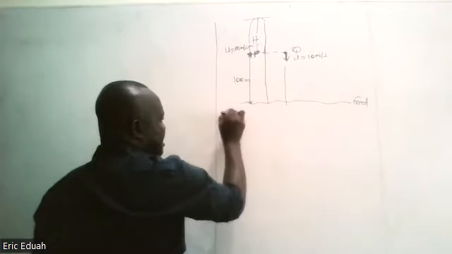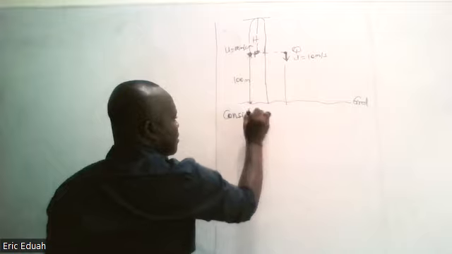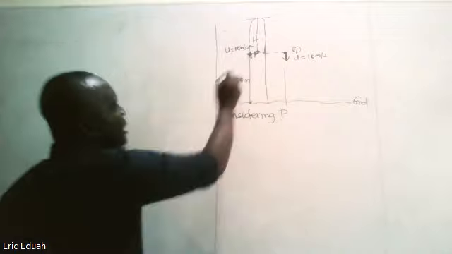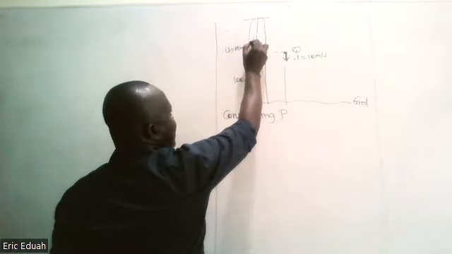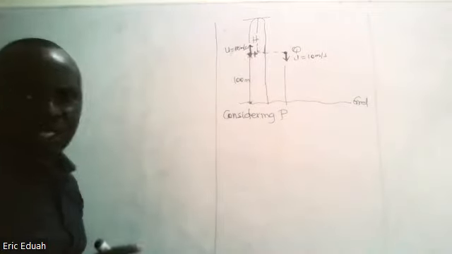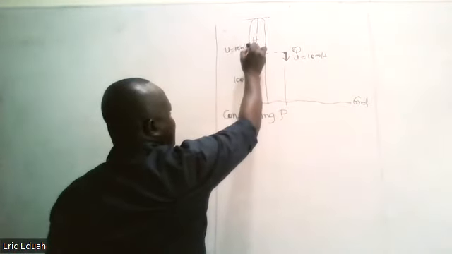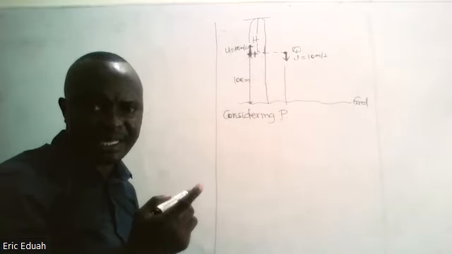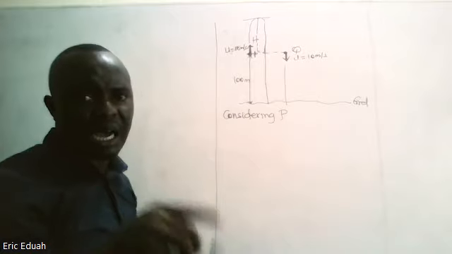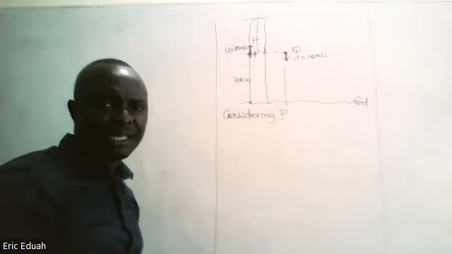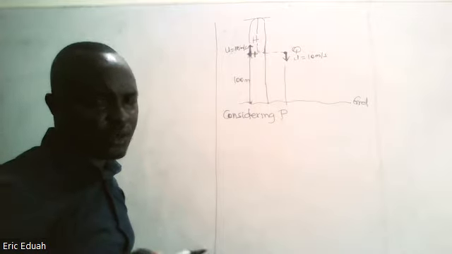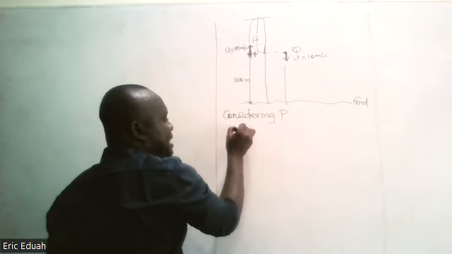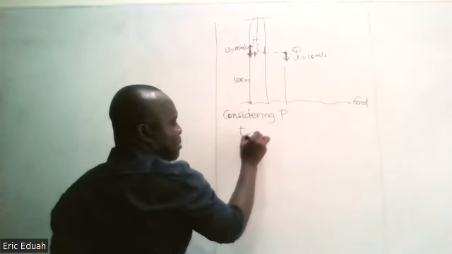So considering P. P is thrown vertically upwards, so that is going upwards. It will take a certain time to reach the maximum height. We've learned about the time taken to reach the maximum height.